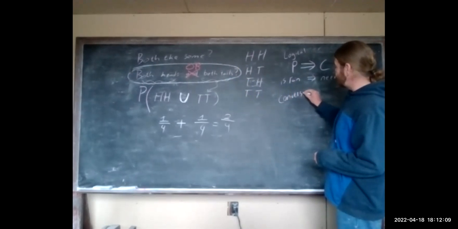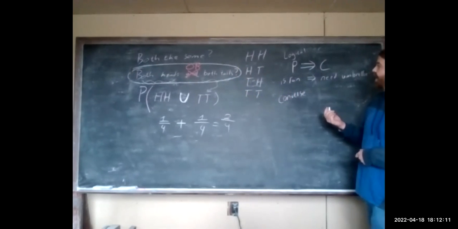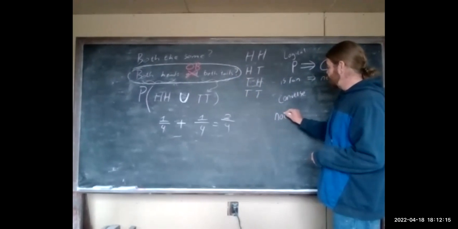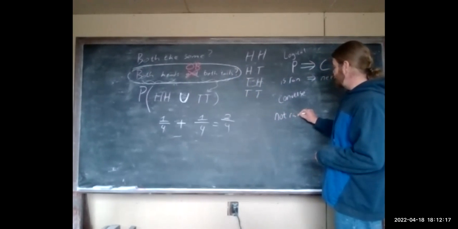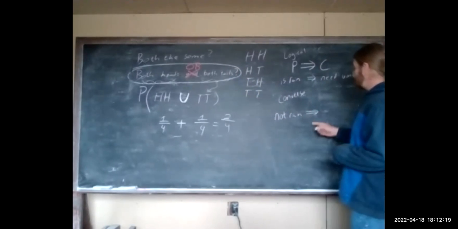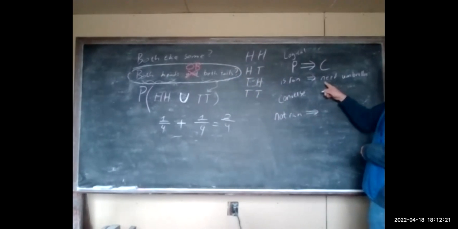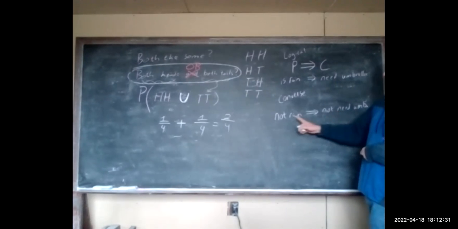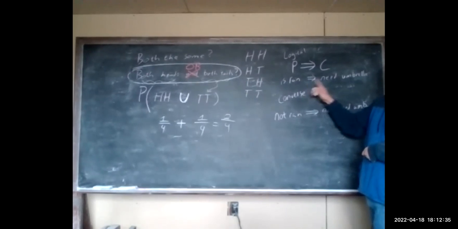Something we can always do with logic is we can negate things. So if we negate both of those, say it's not raining, that would imply the negation of this: not need umbrella. Which I ran out of room there. But that statement's not as true as the first one, right?